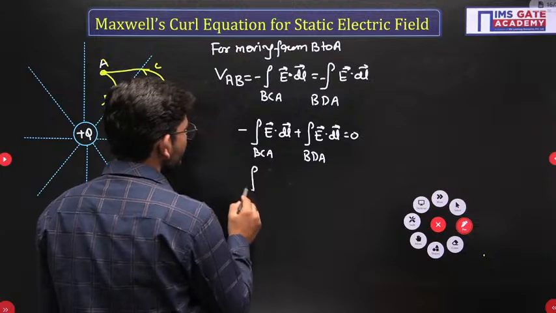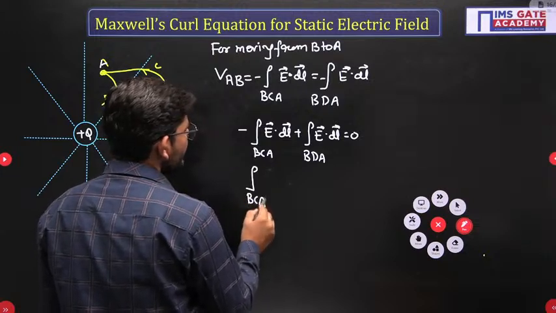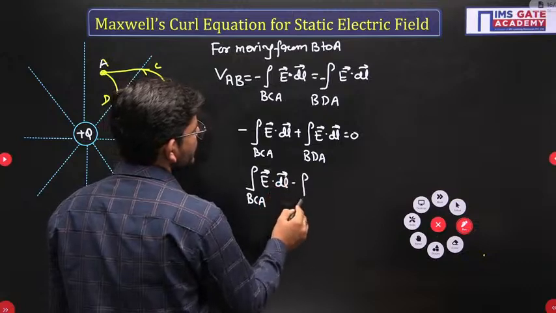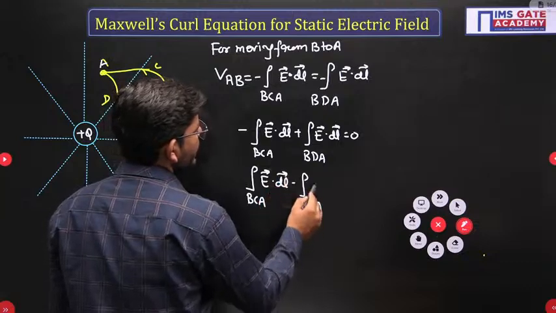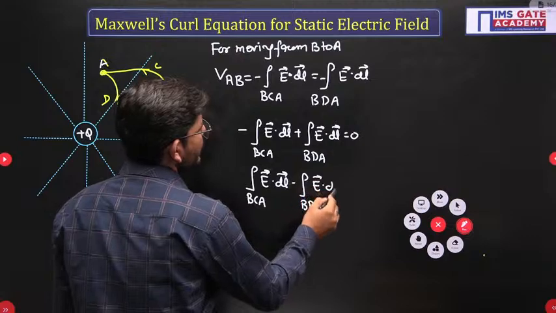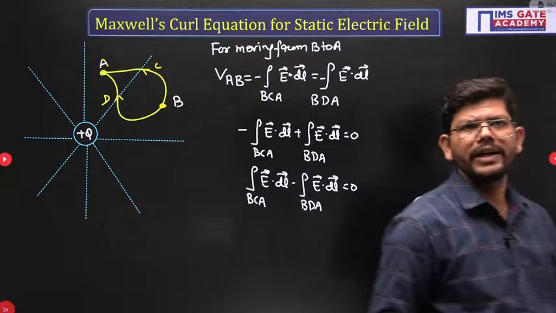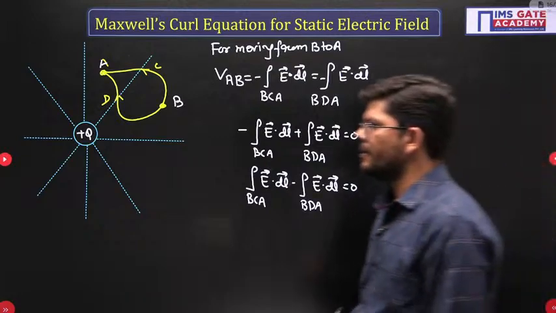Or you can write it as integral BCA E dot dl minus integral BDA E dot dl equals 0, isn't it? We can write it in this way as well.